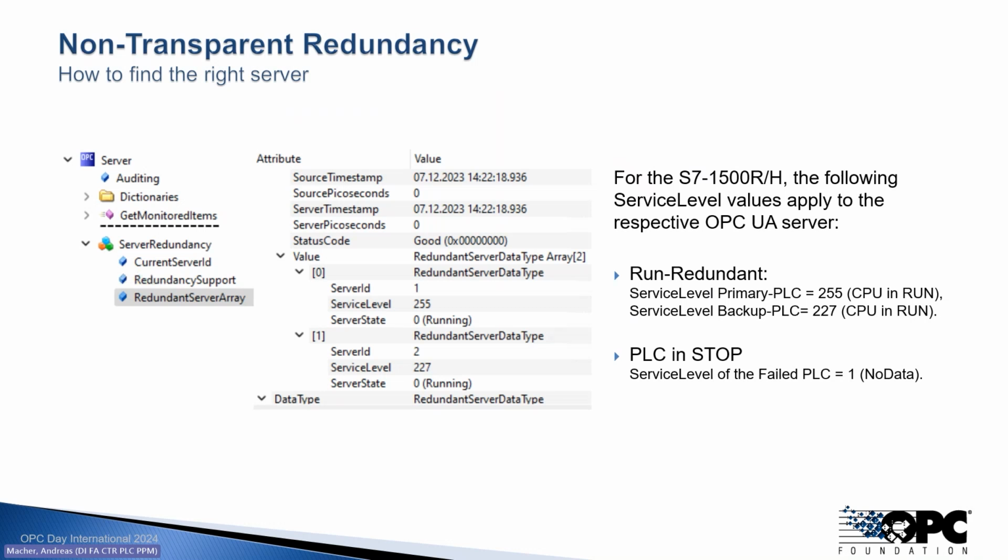The client can read out the service level and will find the primary controller, the one which controls the process, with a higher service level than the backup PLC. It will also find out if there is maybe a PLC not working at all. So the OPC server maybe is working, but not the PLC. Then the service level will be very low. In this case, it's 0. It's no data.